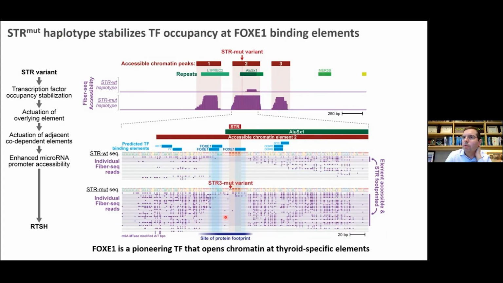What we're proposing is that this change in the spacing of these 2 pioneering factors is stabilizing their occupancy on this haplotype, which is then creating this cluster of regulatory elements to be selectively activated on this haplotype, which is then activating the promoter of that downstream gene.